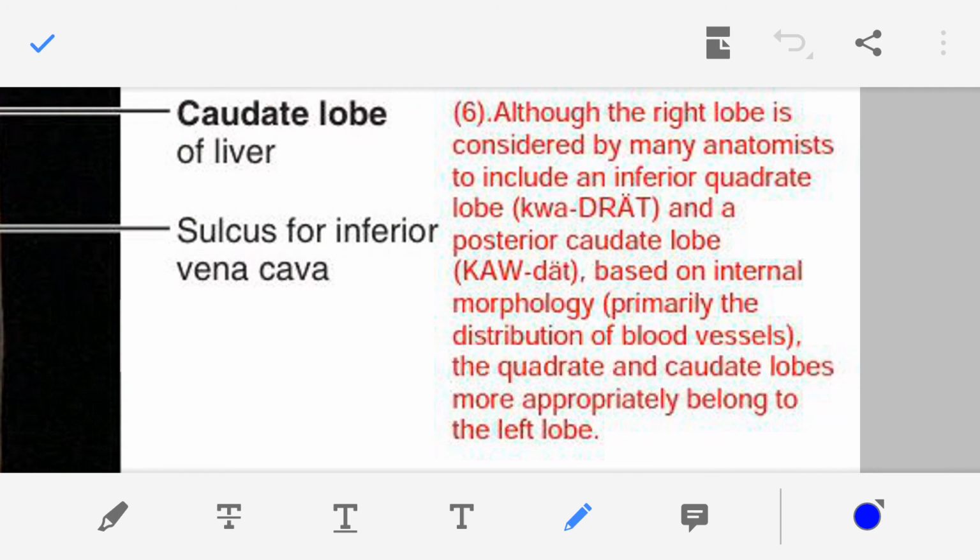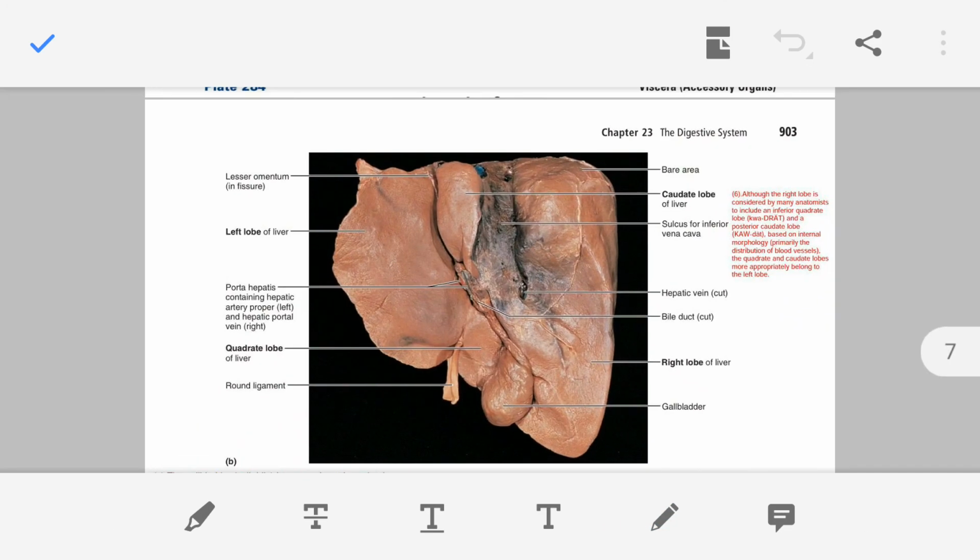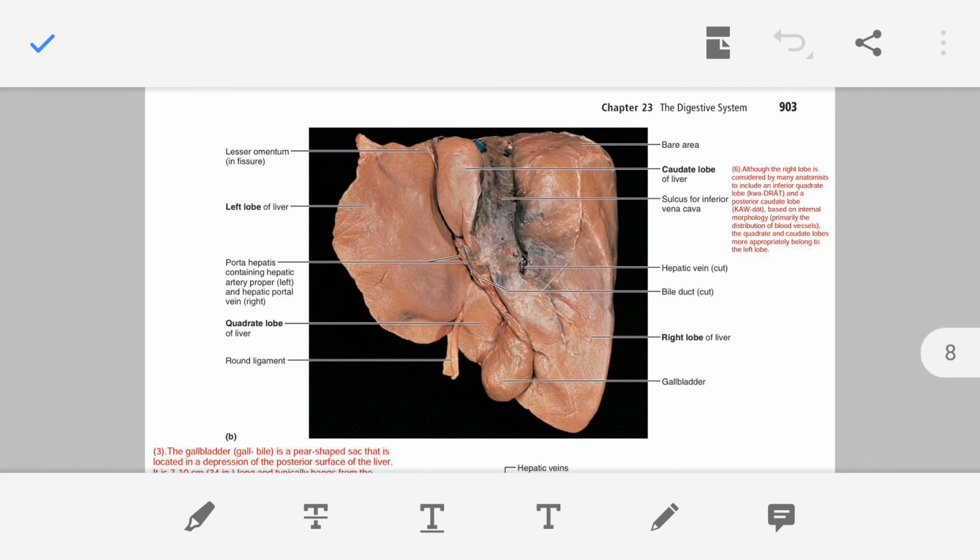Same theory point, sixth theory point, this one. So you go through this figure also.